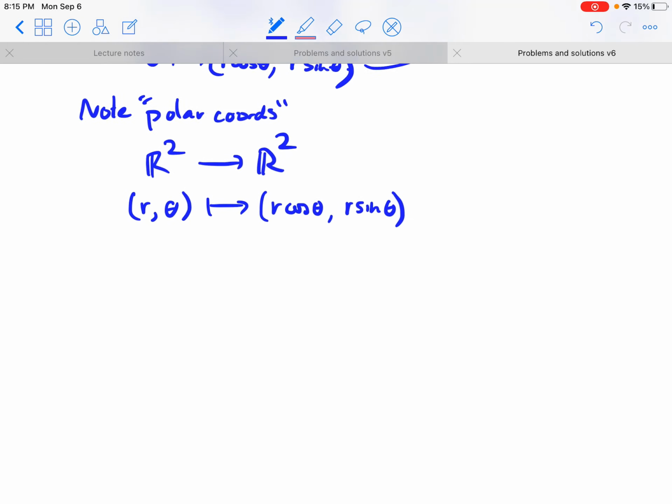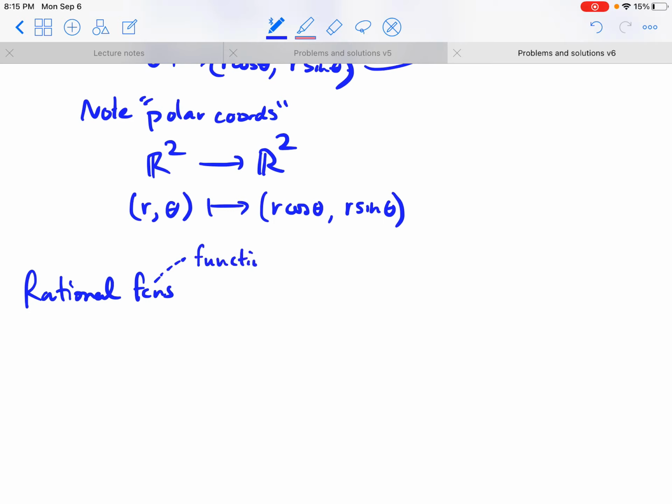Okay. And the last one is rational functions. Here I'm abbreviating the word functions with F, C, and S because I find that abbreviation useful as I'm thinking and writing out my thinking.